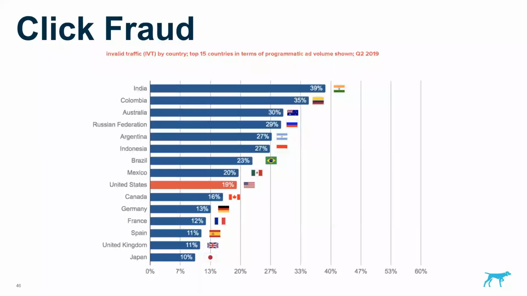Click fraud is essentially people creating either fake apps or fake websites and having ads appear on them. Then they'll simulate a click or an impression, either through a bot or through a click farm, which is basically just people continuously clicking on the ads on the same website. The owners of that website will receive the advertising money, and the advertiser will get a fake click.